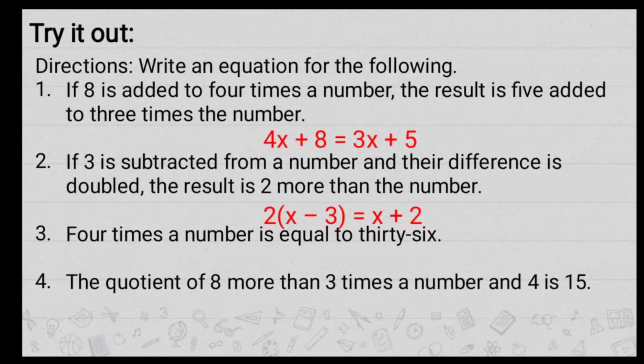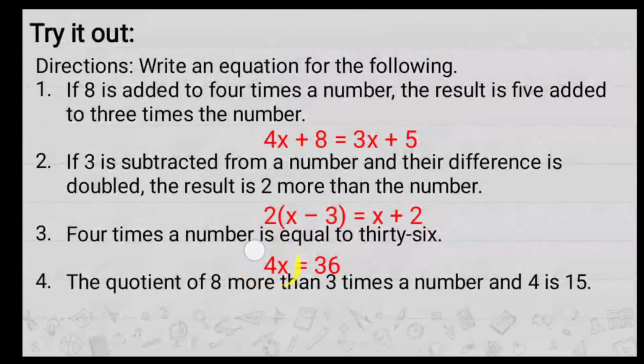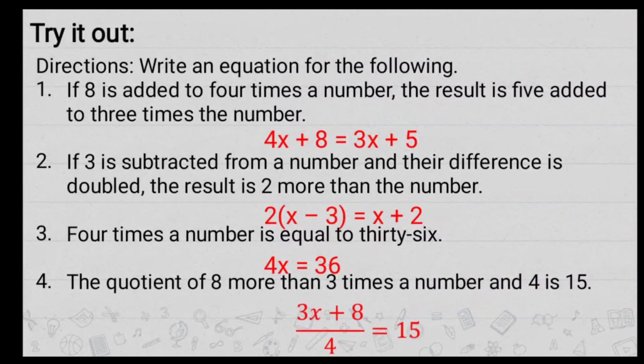Number 3, we have 4 times a number is equal to 36. 4 times a number, 4x, is equal to 36. Number 4, the quotient of 8 more than 3 times a number and 4 is 15.